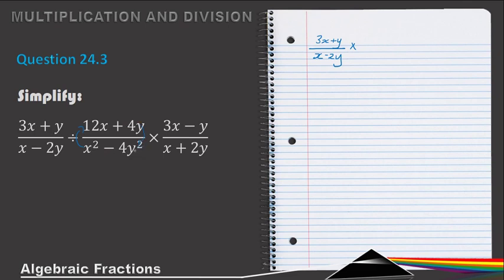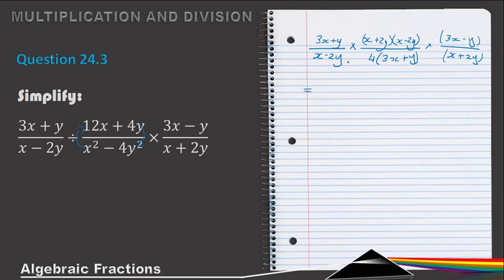So x squared minus 4y squared, that's a difference of squares, so that's x plus 2y and x minus 2y over, and then here we have a common factor of 4, so that comes out. Remember, this one now moves down. If I take out 4, I'm left with 3x plus y, and then times 3x minus y over x plus 2y.